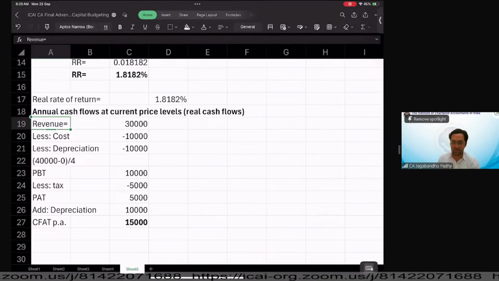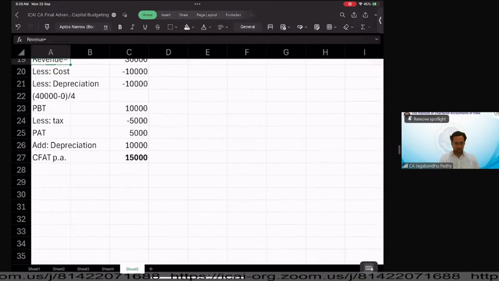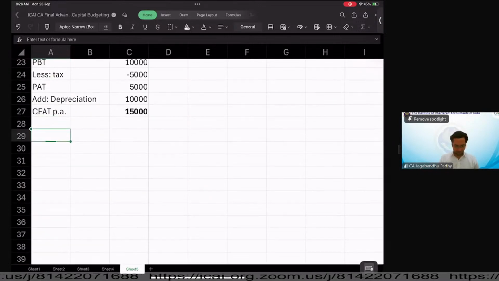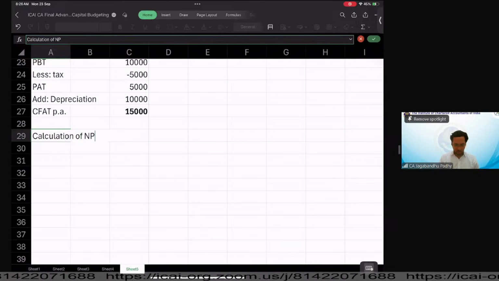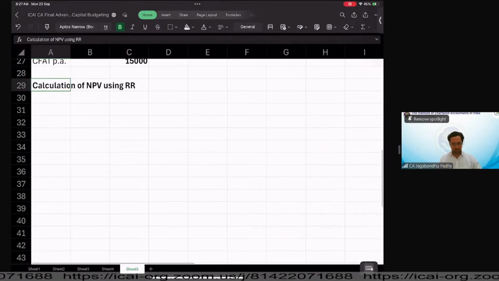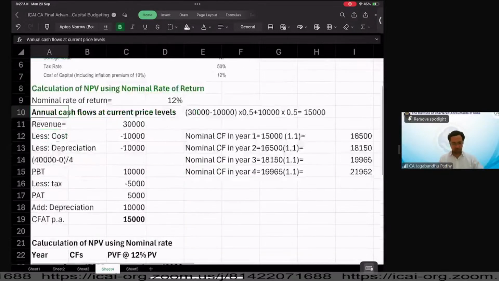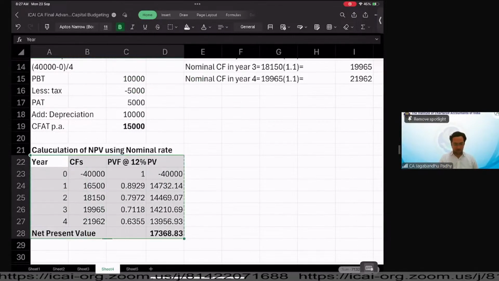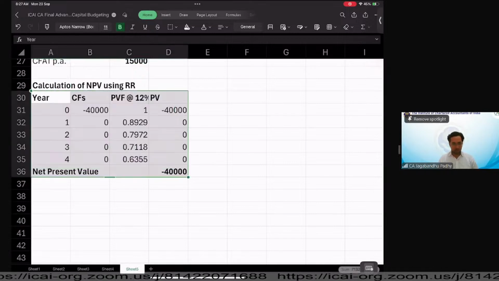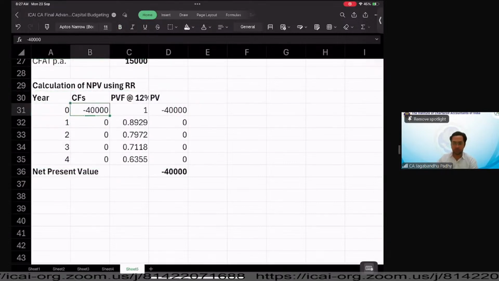Now, we are going to discount this using the real rate of return. See, calculation of NPV using real rate. Same method, the format is going to be the same. Year, cash flows and then PV factors.